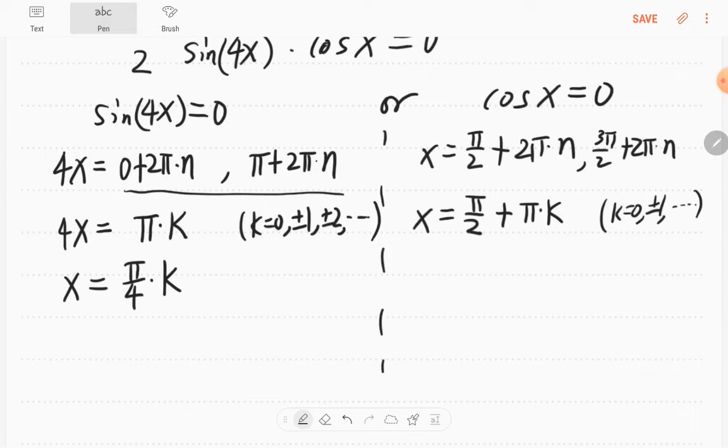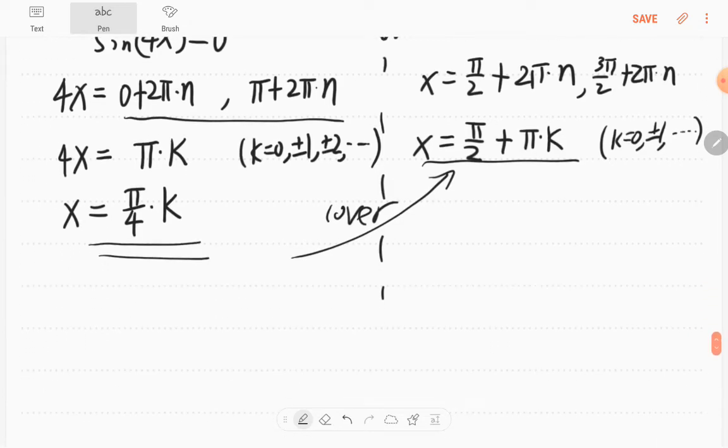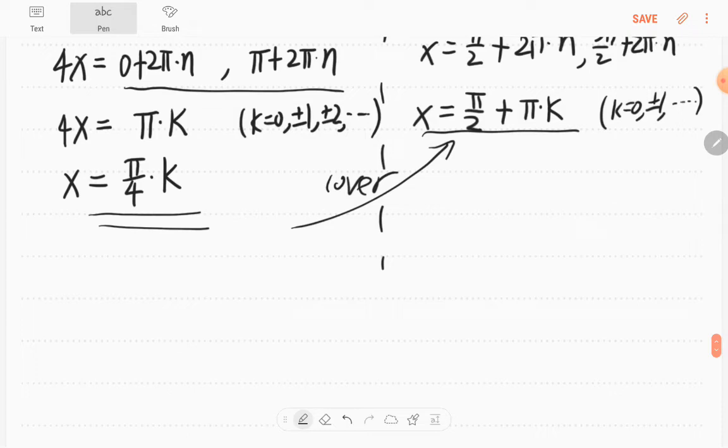Okay, so we notice that this one will cover this solution, because if k equals 2, it becomes pi over 2. So you can see all the angles here.